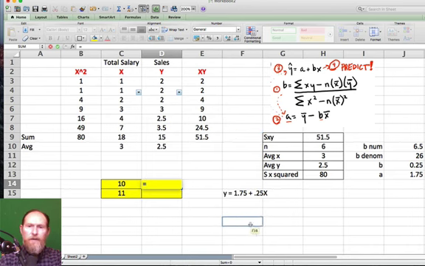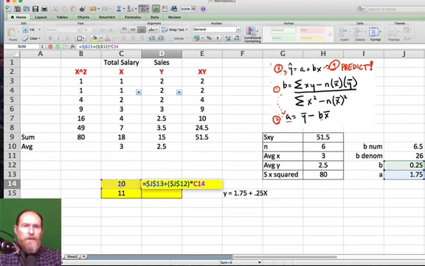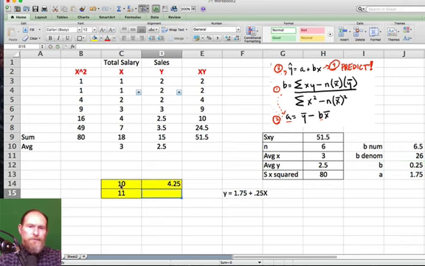So if we want to predict for 10, I'm just going to go back here, grab that y-intercept, grab our b, and multiply by our salary, our independent variable of 10 billion. 4.25, drag that down.